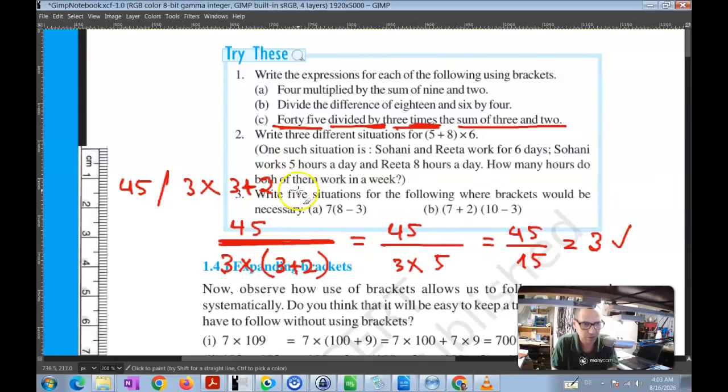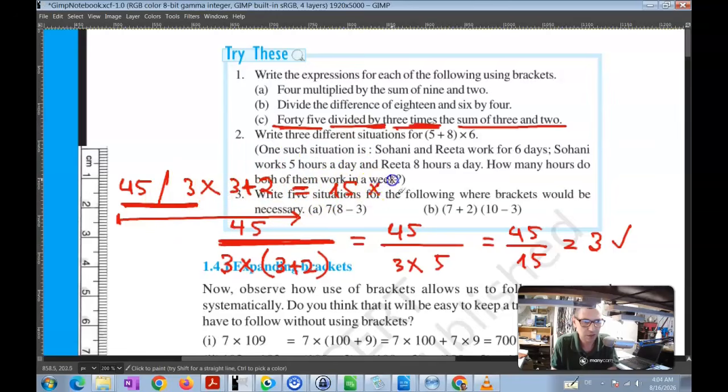If you give me this expression and I want to evaluate it, I would have to start from the left and move towards the right. And you know that multiplication and division have priorities. So I will go with this part, which is 45 divided by 3, which is 15.